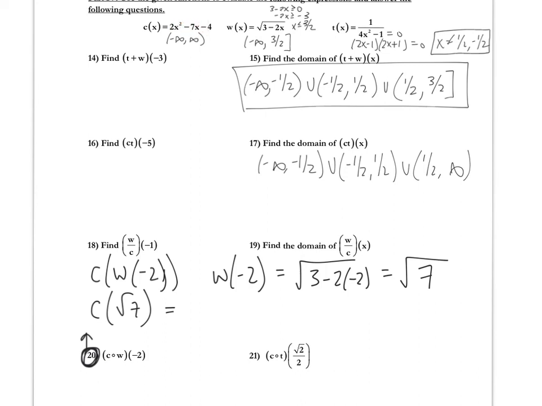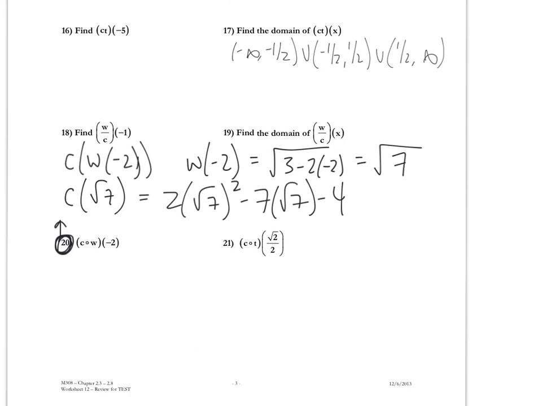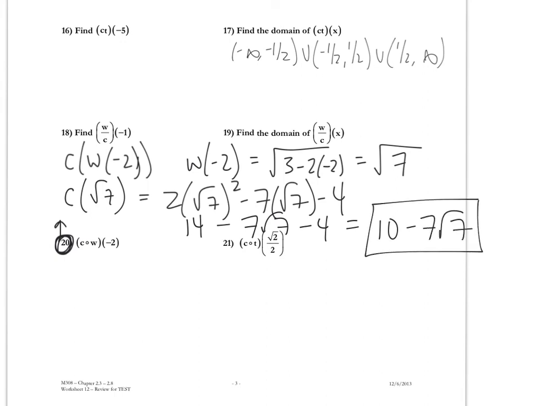And so what that means is it's going to look like this: 2 times radical 7 squared minus 7 times radical 7 minus 4. And then just simplify whatever you can. And that means that the square root of 7 squares away, so I get 7 times 2 is 14, minus 7 radical 7 minus 4. So I can combine the 14 and the 4 and get 10, and get 7 radical 7. Okay, so that is the answer to this one.